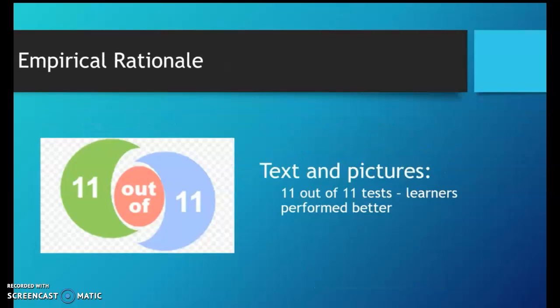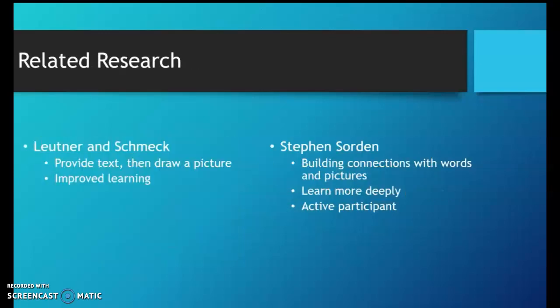The empirical rationale: Mayer found that when using text and pictures, in 11 out of 11 tests, the learner performed better. And there is a lot of related research.